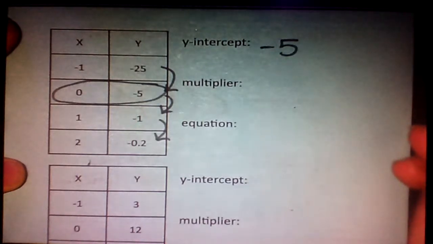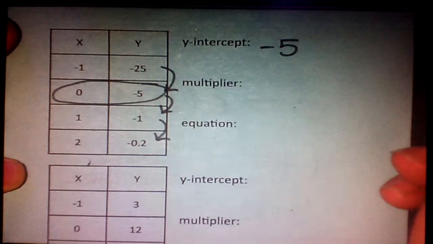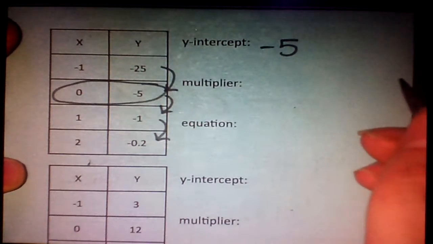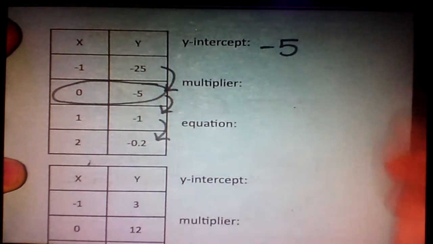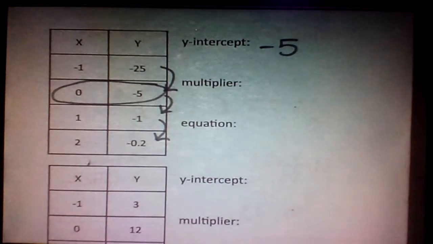Why is it 1/5, TJ? Because it's technically dividing by 5. So 25 divided by 5 is 5. 5 divided by 5 is 1. Dividing by 5 is the same as multiplying by 1/5.